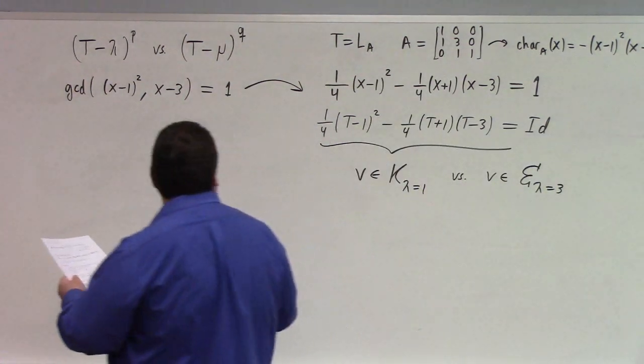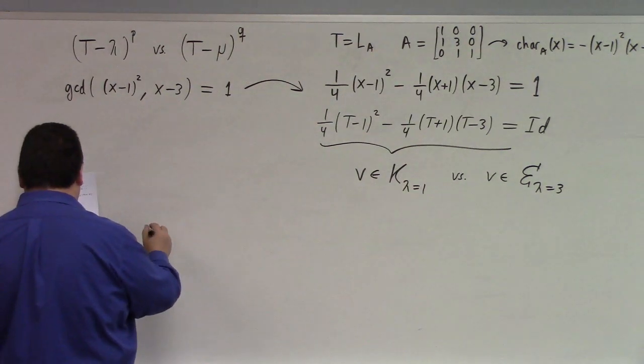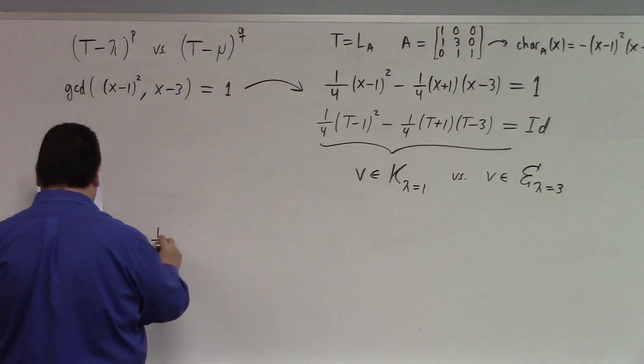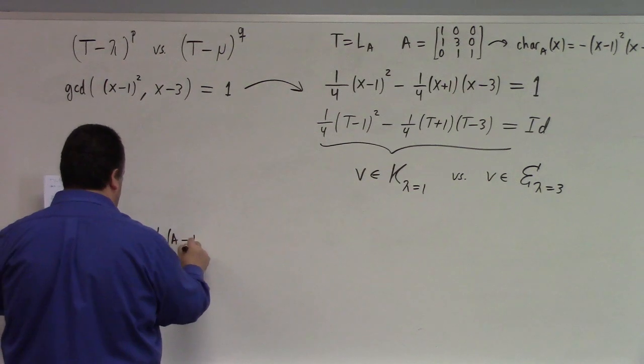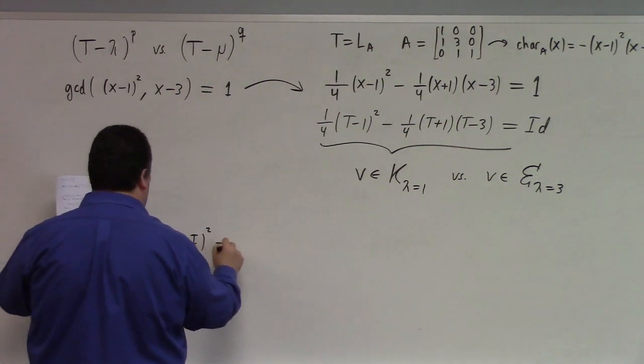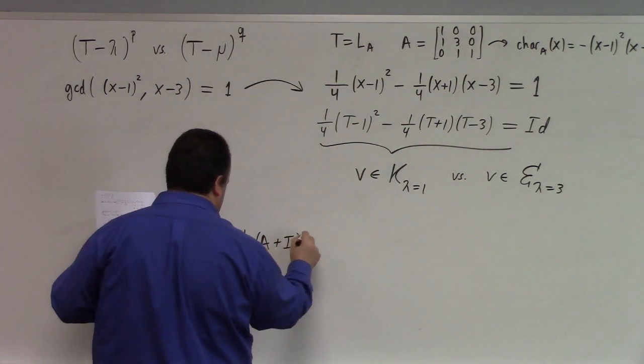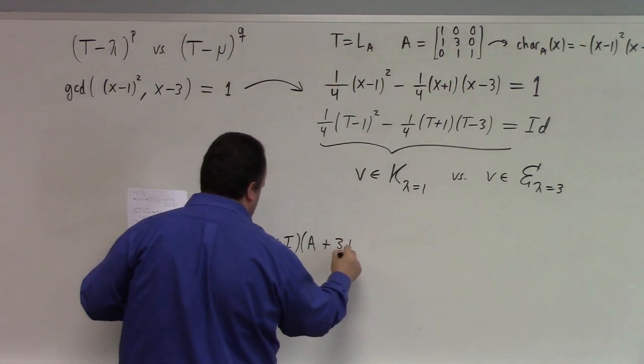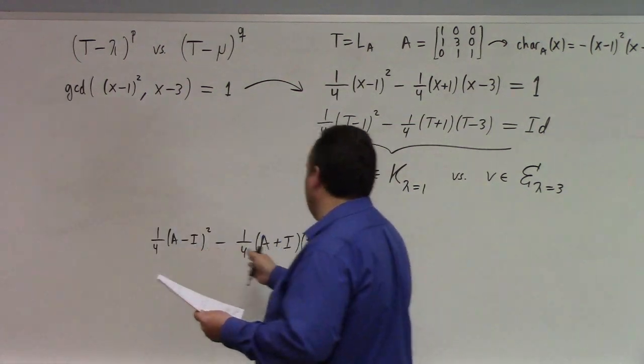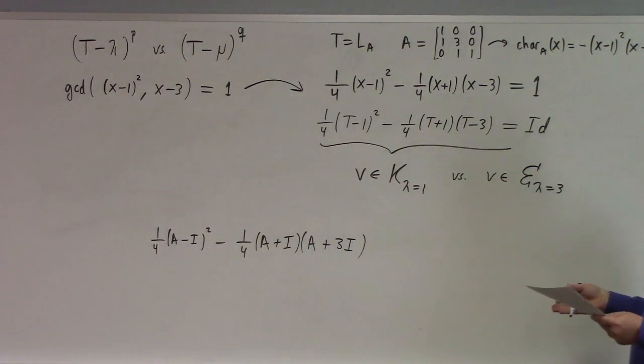And something else that's fun to check is if you take 1/4 times (A minus I) squared minus 1/4 (A plus I) times (A minus 3I). So here's the corresponding one, plug the matrix into the same polynomial, right?